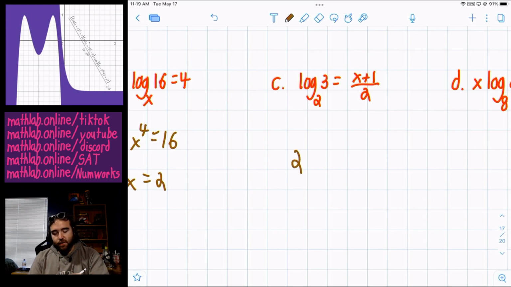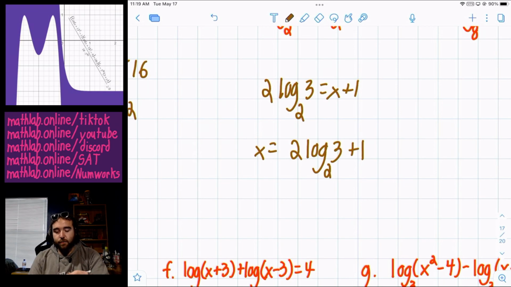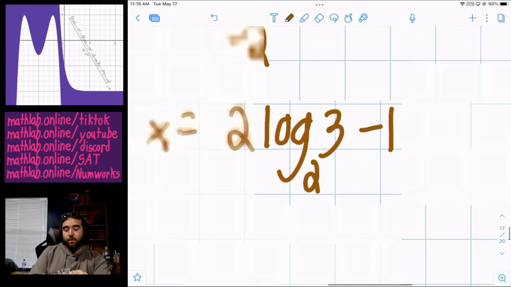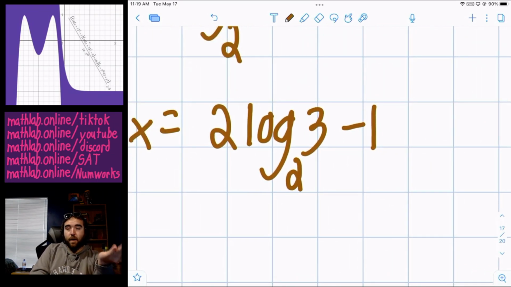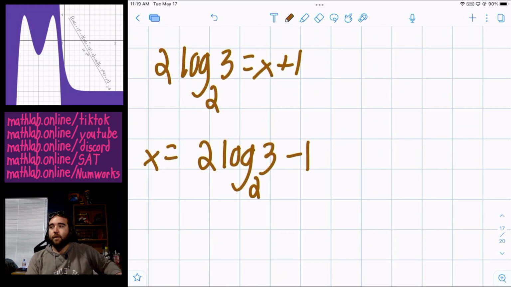We'll just multiply both sides by 2. 2 log base 2 of 3 is x plus 1, and then we'll subtract. It's not a satisfying answer, but it is an answer. 2 times log base 2 of 3 plus 1. No, minus 1. Basically, you know it's an answer if there's no x in it. I'm telling you what x is. x is 2 times log base 2 of 3 minus 1. And that is just a number. It may not seem like it, but that is just a number.